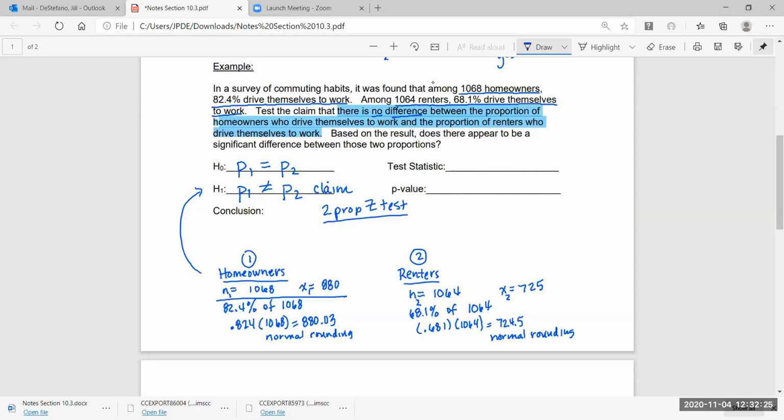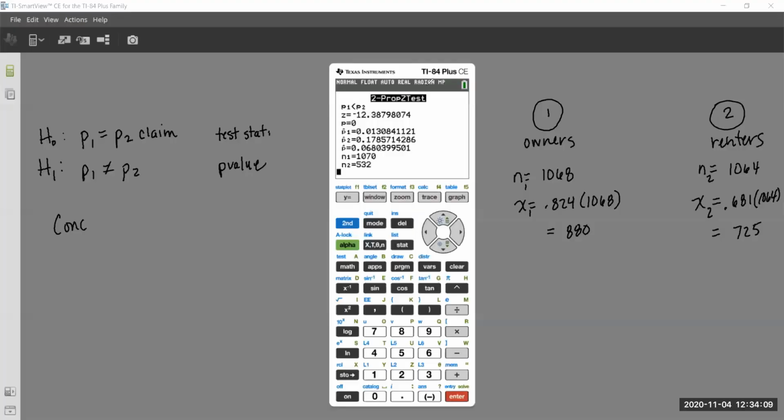Okay, and I do want to go over to the calculator because this is still relatively new. Let me get that going. Okay, so you see I've carried over everything that we've figured out. Again, this is going to be a reminder of what we're entering. So we're going to our 2 prop Z test, 2 proportions. For X1, I just want to show you how you can do the calculation using the percentage in this section. And I've showed you before, but it's a good reminder. 0.824 times 1,068 equals.